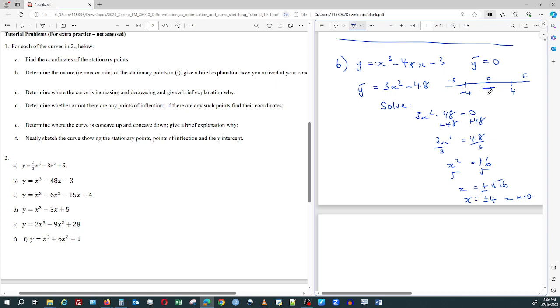In terms of a value, we get a negative because we put it in here, and we get a -48. Now if we put a -5 in, -5 cubed is -125, and 25 times 3 is 75, so -125 + 75 is... let's see, 75 - 48 is a plus. So it's a plus. And if we do the same thing for a 5, it won't matter. It'll still be a plus.